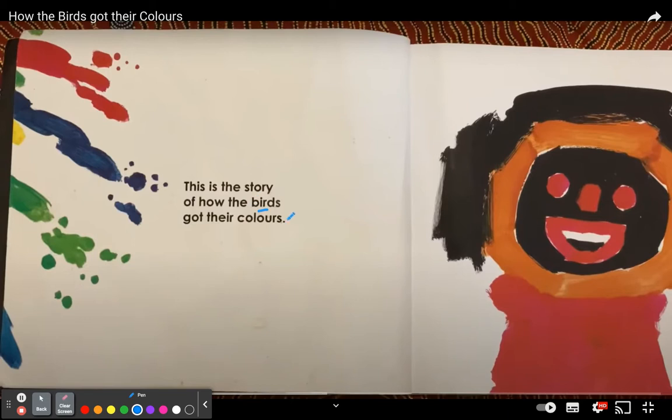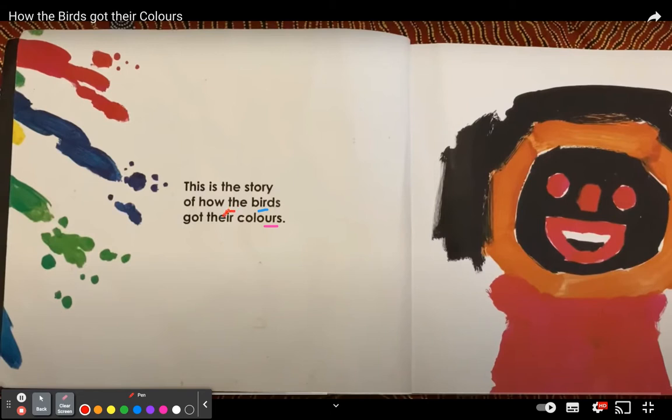I can see the sound in birds, and that would go in the IR column. Got their colours. Colours has the UR. So we found two Ers on this page. They are spelt differently, but they both make the same sound.